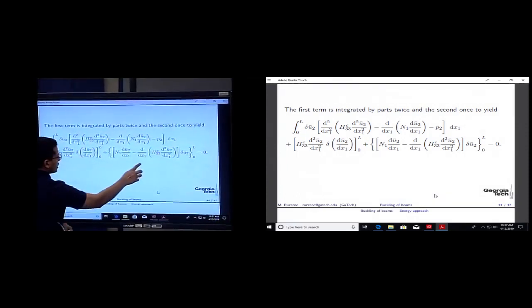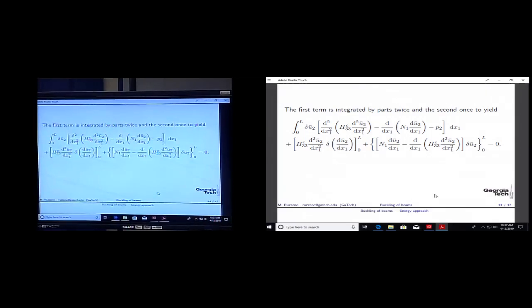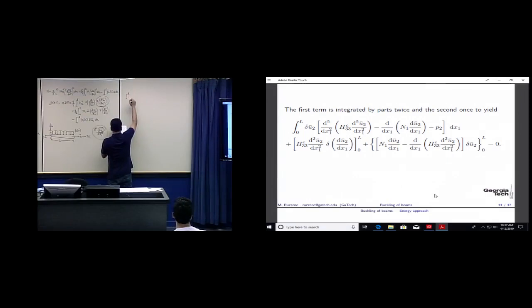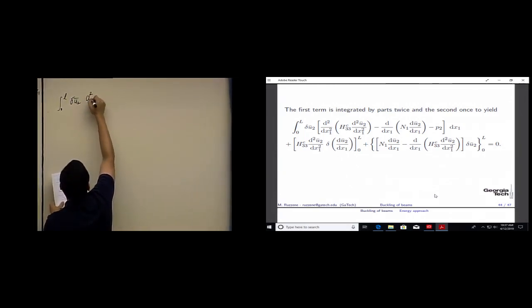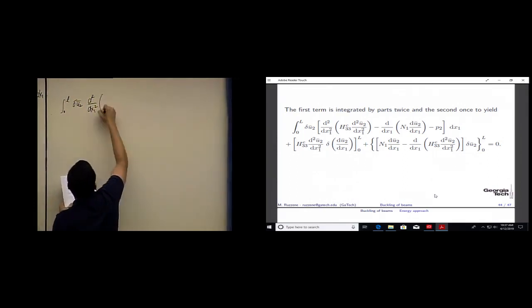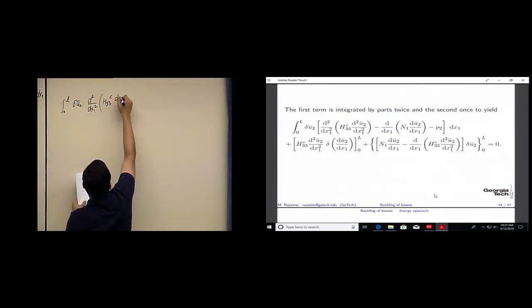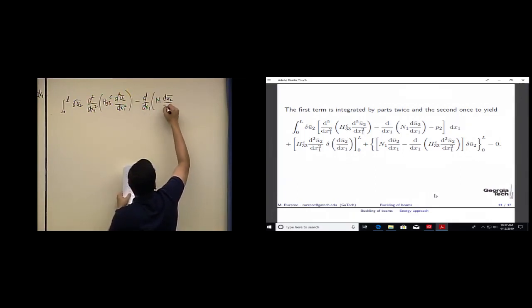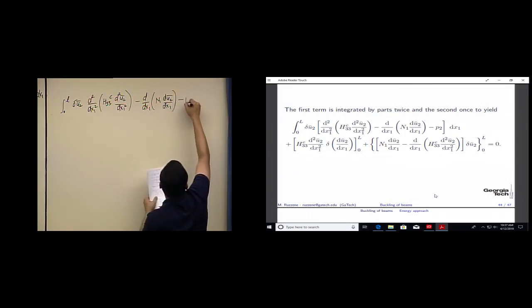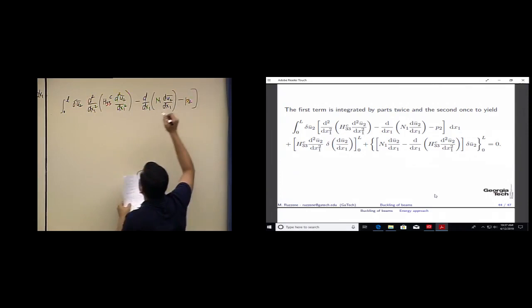I think there is an error here. So let me write down this term again. So it will become integration 0 to L variation in u2, and then second order differential with respect to x1, h33, second order derivative in u2 with respect to x1, minus d over dx1 n1 du2 over dx1, minus p2, and integration with respect to dx1.